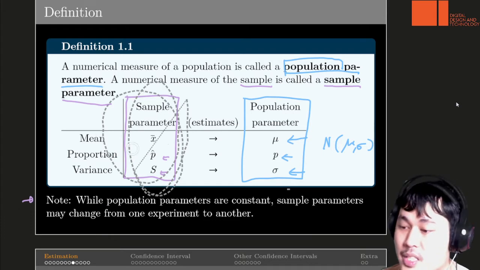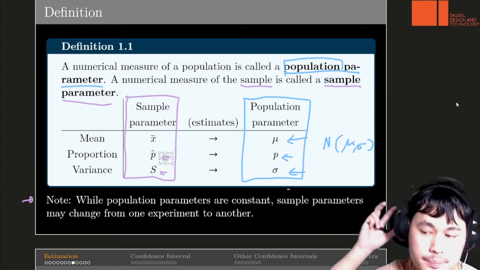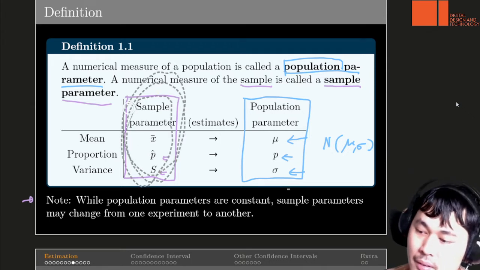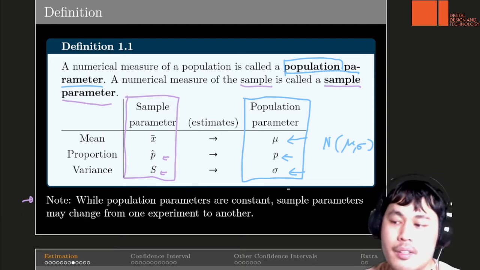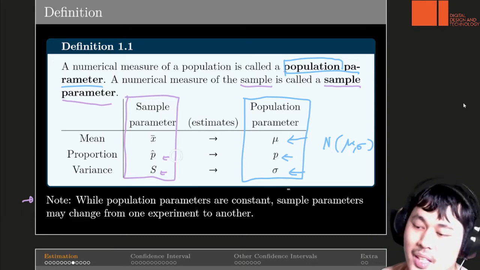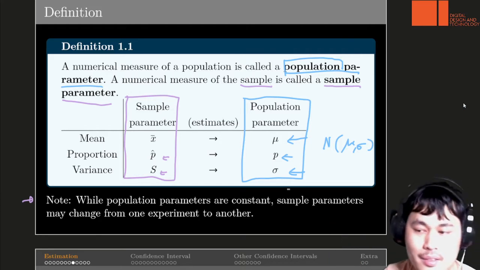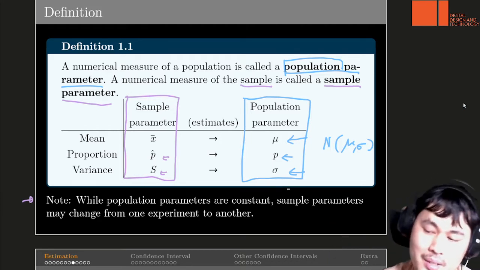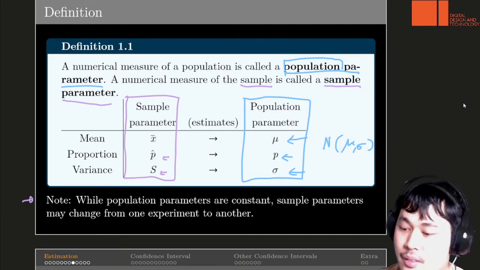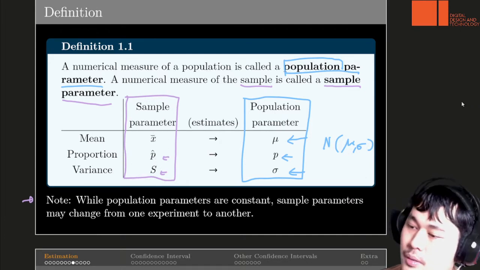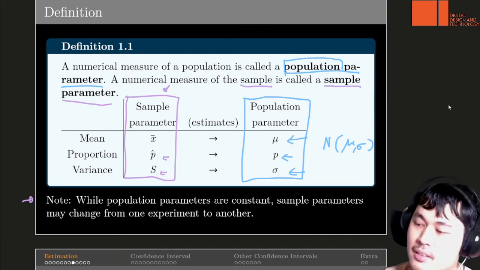While the sample could change from one experiment to another. Maybe you get a sample size of 10, asking 10 random students on campus this week, and then you get these three values. And then next week, you ask a new set of 10 students, and you're going to get, of course, different values, and then different parameters. So this could change from time to time, but not the blue one.